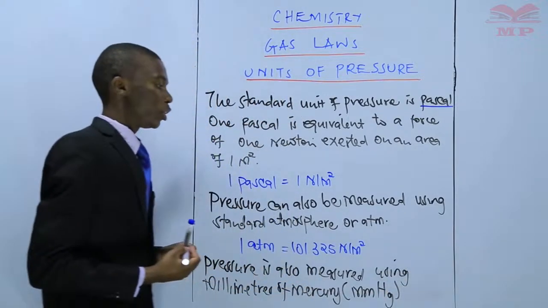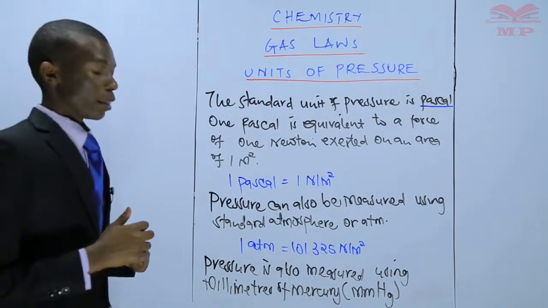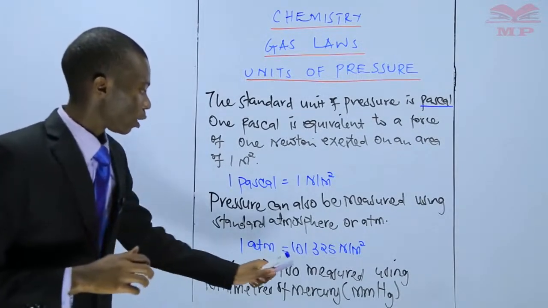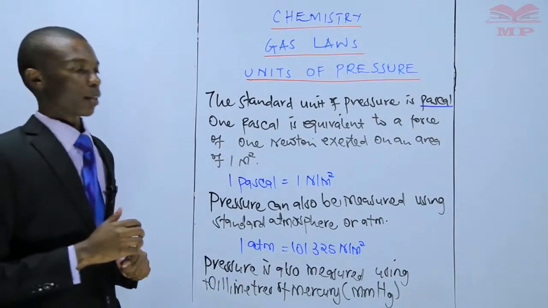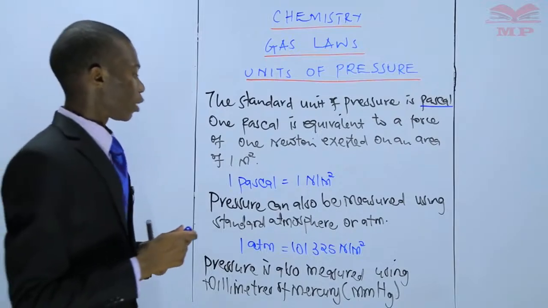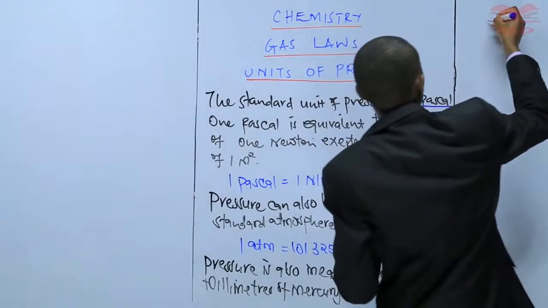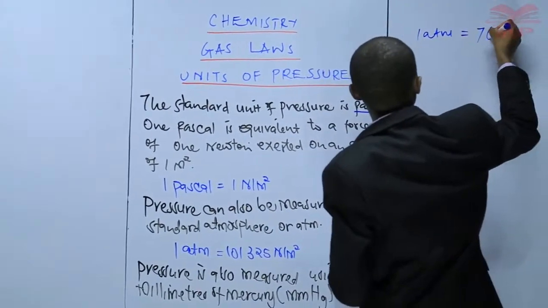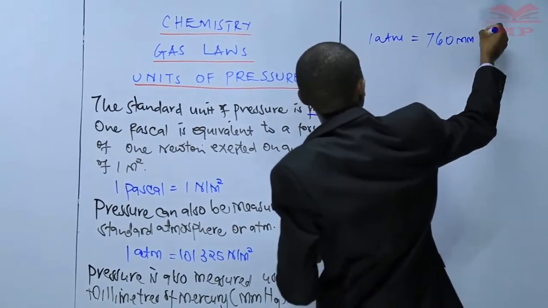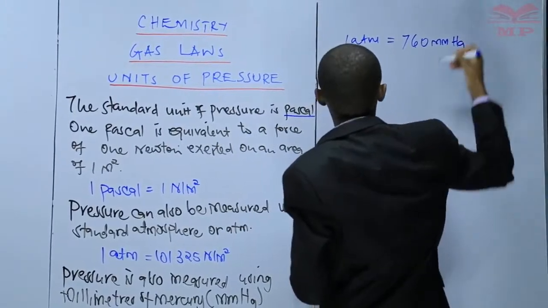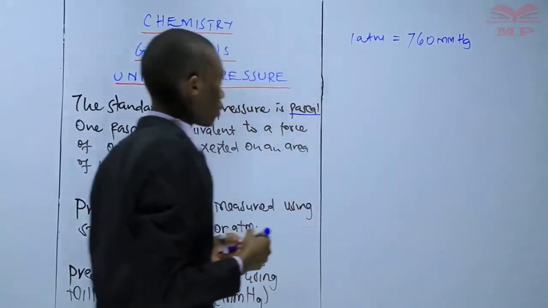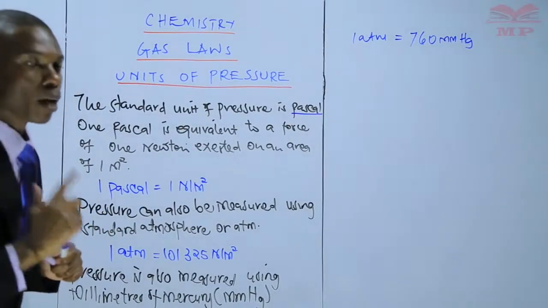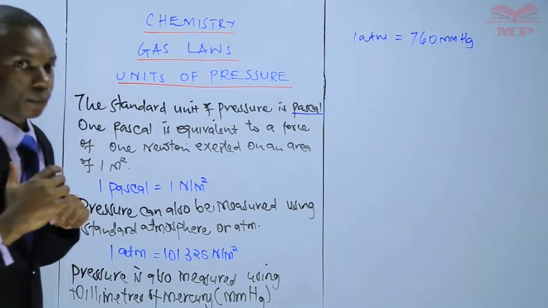Remember, Hg is the chemical symbol of mercury. So these are also units of pressure. And we say that 1 atmosphere pressure is equivalent to 760 millimeters of mercury pressure.